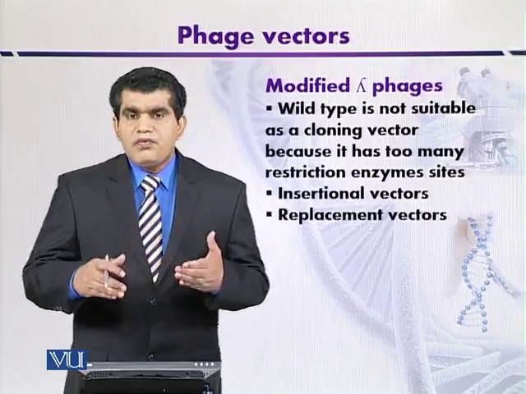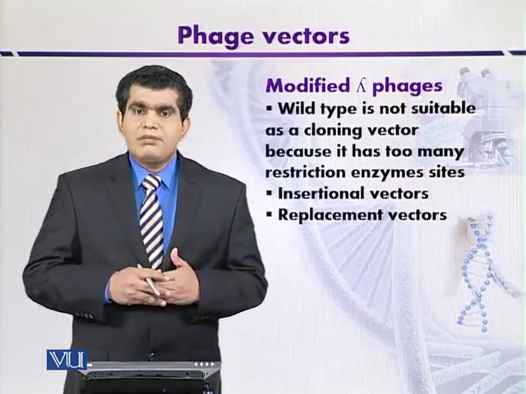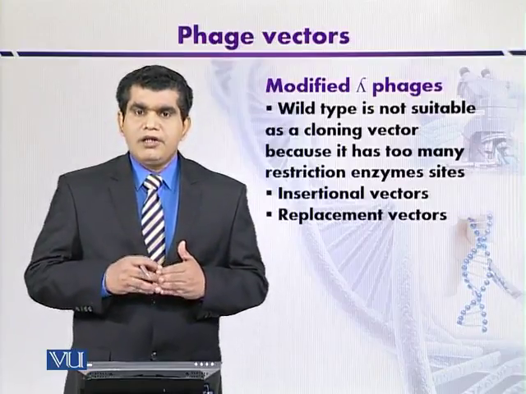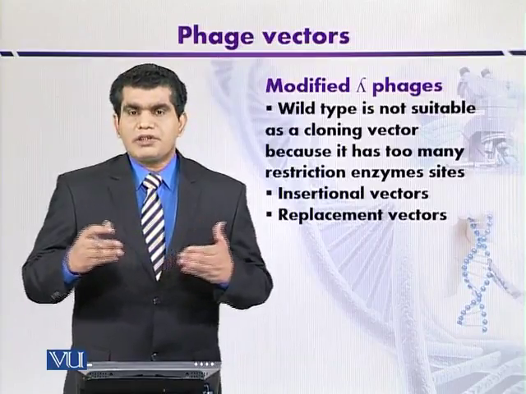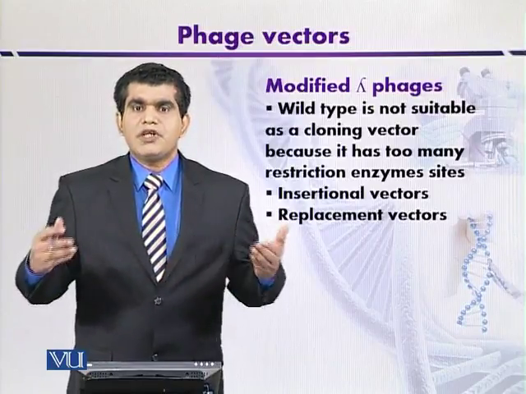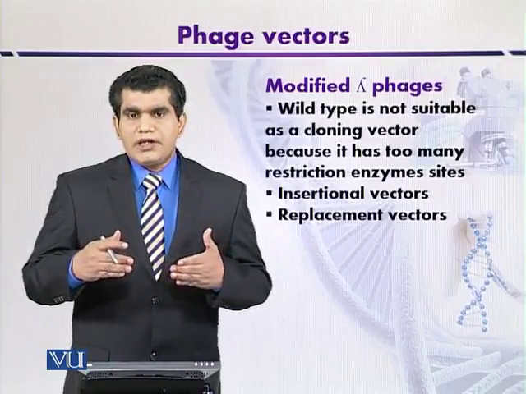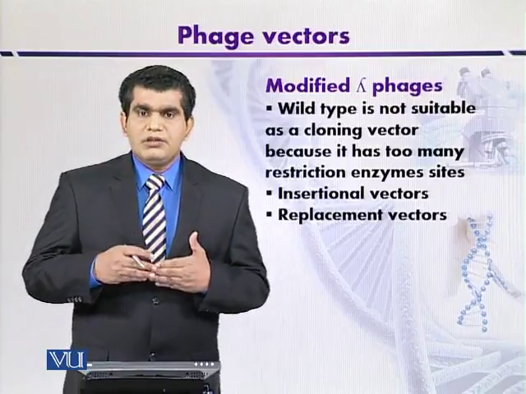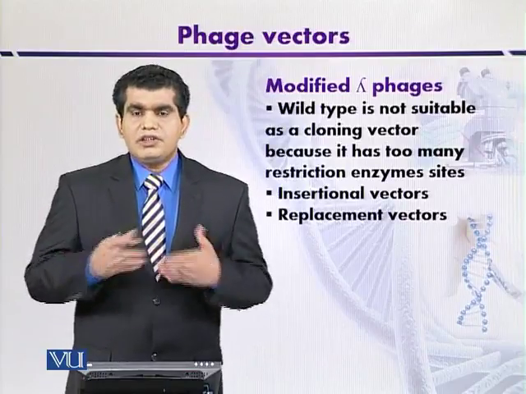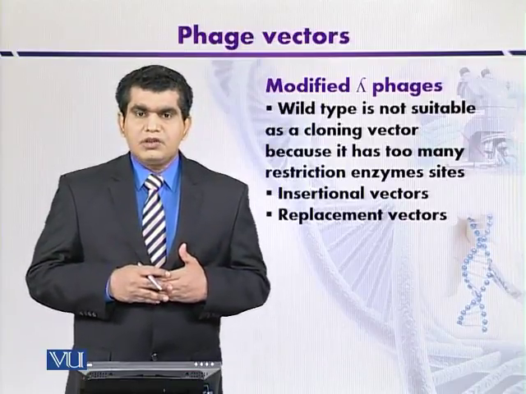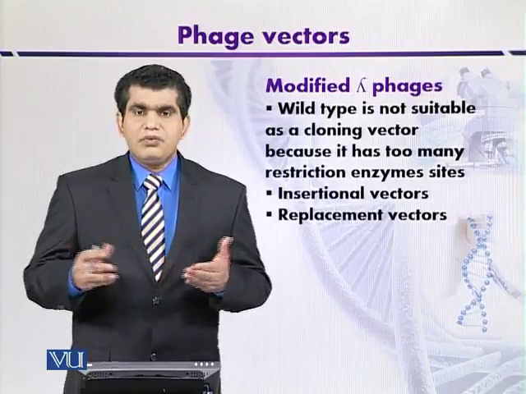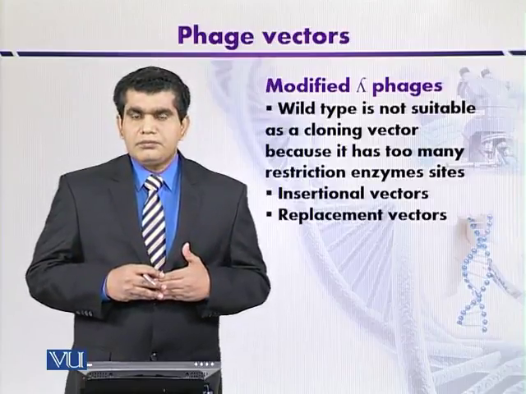So the modified lambda phages are produced by removing the multiple cloning sites by different mutational processes that may include the substitution of bases or addition or deletion of certain bases, so that it may contain a few cloning sites.